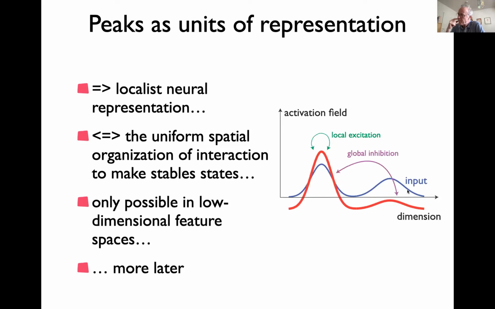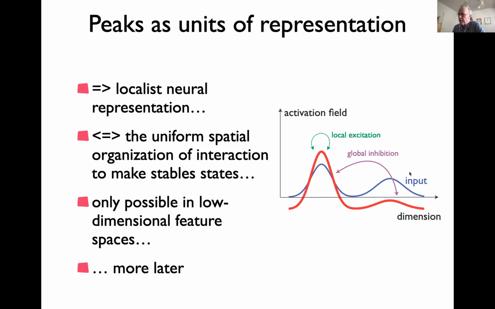This fact that these peaks are units of representation and use this localist representation is quite important to us, and you already saw in the exercise that it comes from a very simple hypothesis about neural interaction, about the connectivity patterns within populations that generate these states.